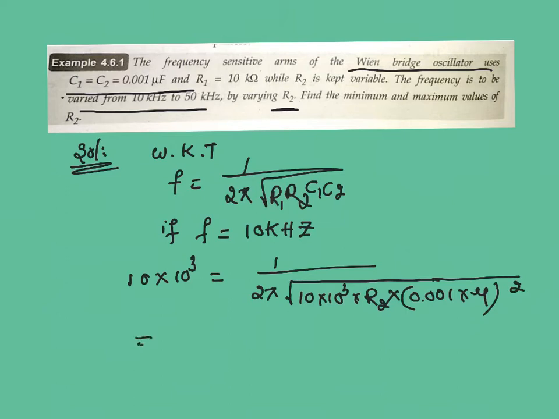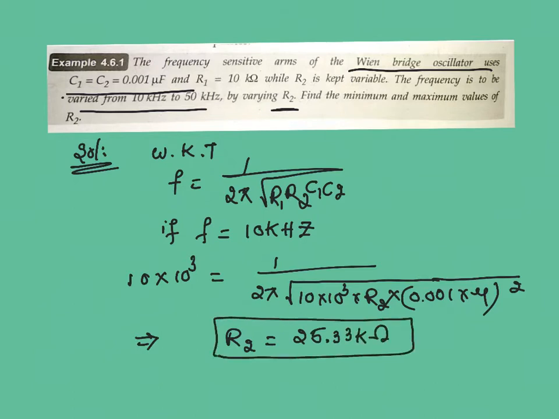If you solve this one, the value of R2 will be equal to 20.33 kilo ohms. So this is the resistance value in the case of frequency equal to 10 kilohertz.